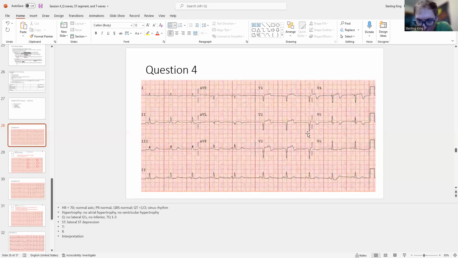And perhaps inverted, this has changed. So this looks biphasic, and this one, yeah, that one's inverted. So let's just say T biphasic V5, 6. I think that was the biggest finding there. The other ones are kind of there too, but not as big a deal.